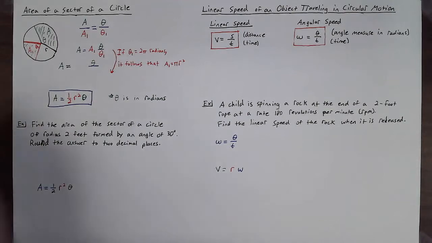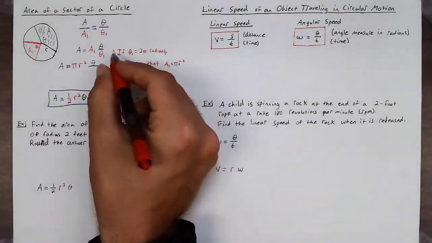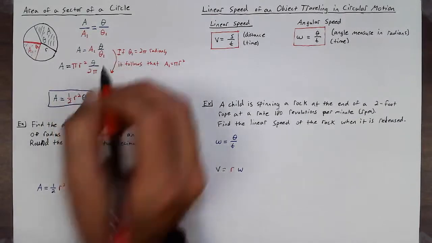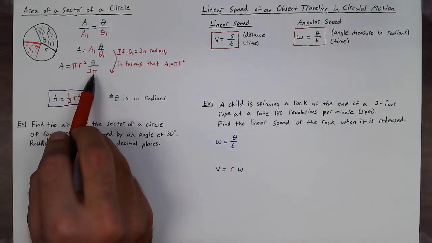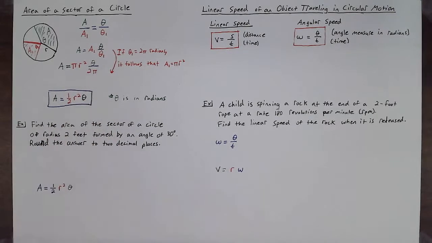A1 is pi r squared, and theta 1 is 2 pi. Now, very nicely, the pi's will cancel. I'll be left with a 1/2, an r squared, and a theta. And that's where you get the formula for the area of a sector of a circle.